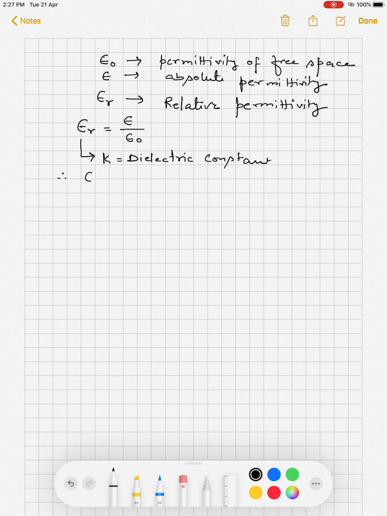So epsilon can be written as epsilon naught epsilon r or epsilon naught K. So if there is a medium between two point charges q1, q2, the distance between them is r, and there is a medium between these two charges, we have the formula F is equal to 1 upon 4 pi epsilon q1 q2 upon r square, where in place of epsilon naught we use epsilon.